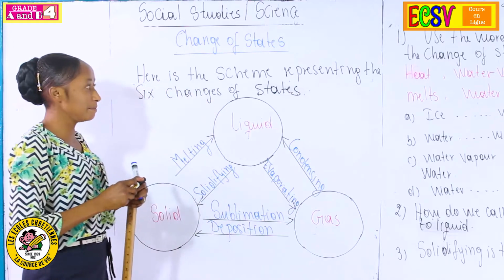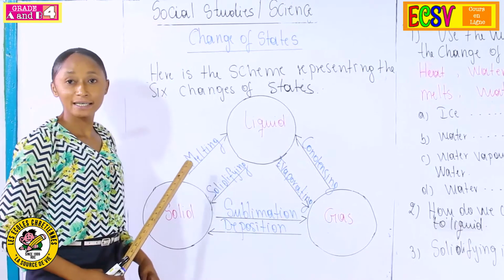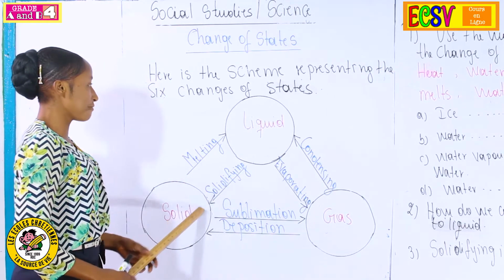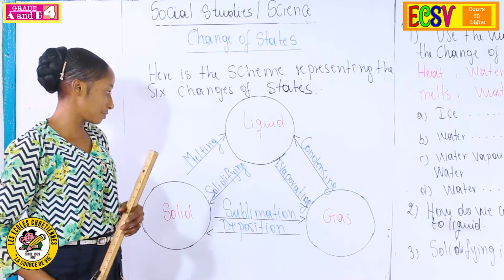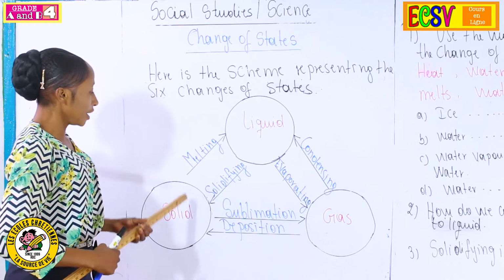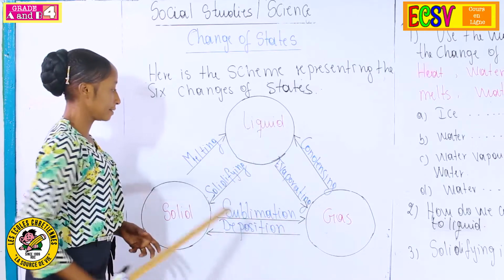Here is the shape representing the 6 changes of states through the 3 forms of the states of our matter studied previously. Here's the shape: solid, liquid, and gas.